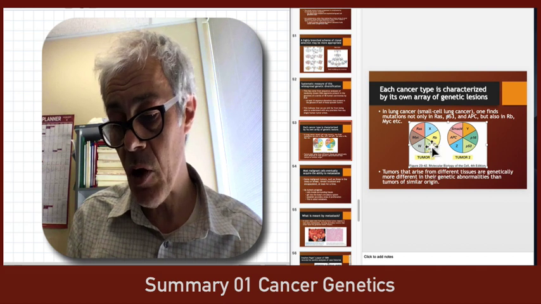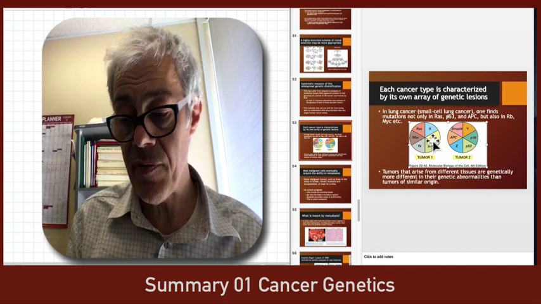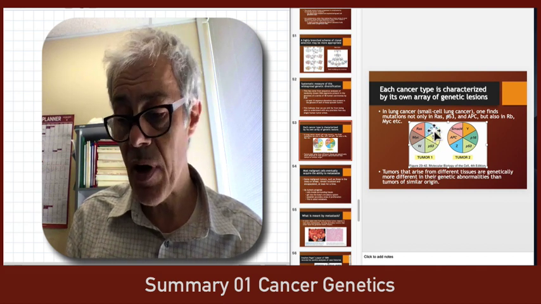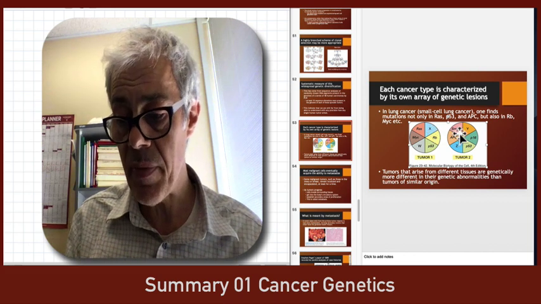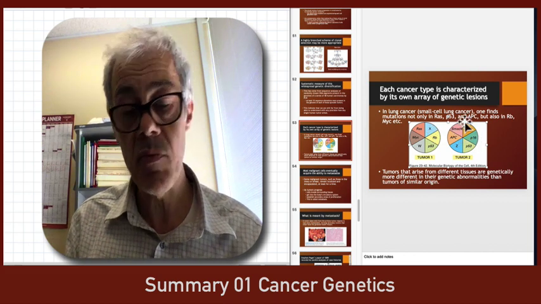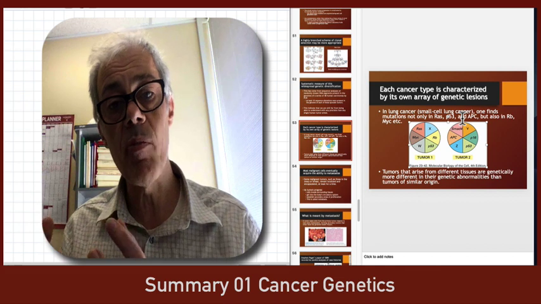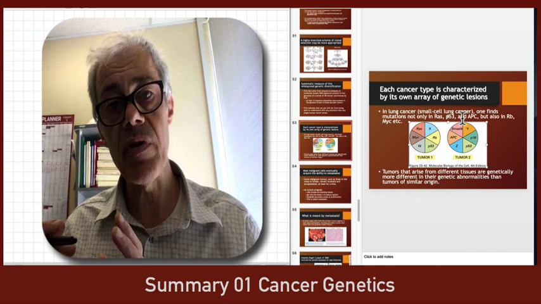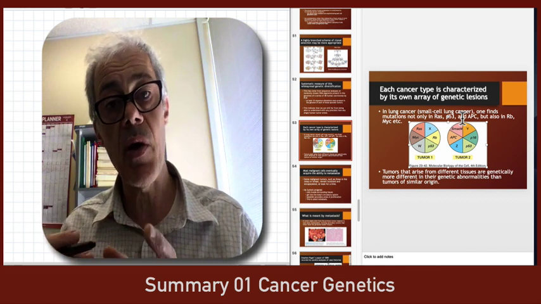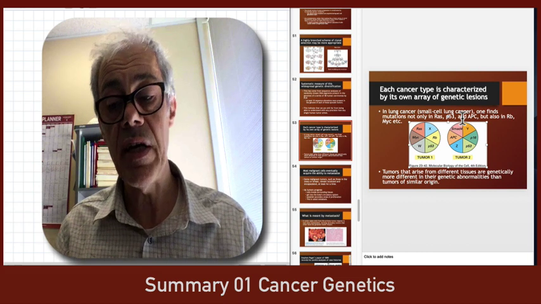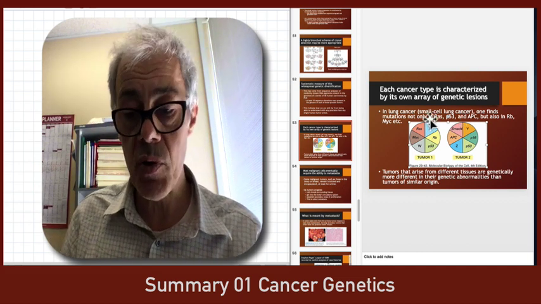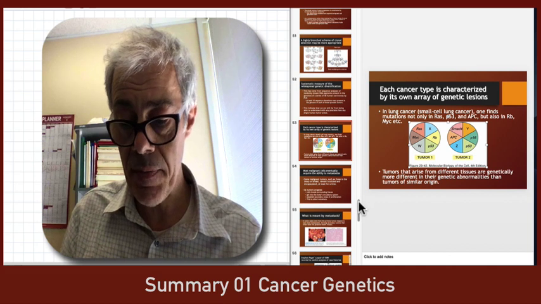Biopsies from one patient may have RAS and P53 and PRB, whereas biopsies from another patient may have ABC and P16 and one of the SMAD genes. But these are the common players involved in driving growth or slowing growth, and mutations in those are the ones that are important for developing cancer.